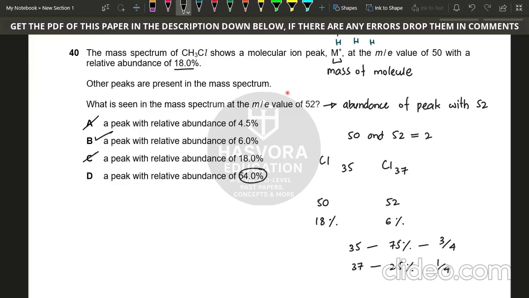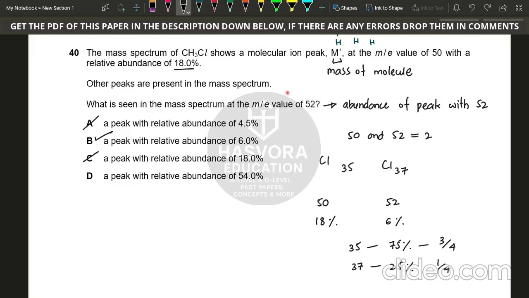Now this would be the case if, for example, they had given you the 52 with the 18% abundance, in that case the one with the isotope of 35 would be 3 times the 18.